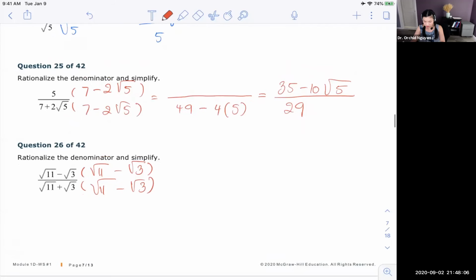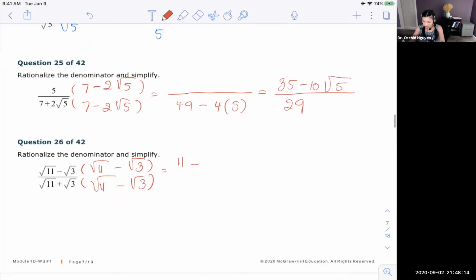So I'm just going to multiply the top, which is 11 minus, if you FOIL, you get 2 square root of 33 plus 3. On the bottom, once again, it's just square root of 11 times square root of 11, which is 11, and then minus 3. Now we simplify.